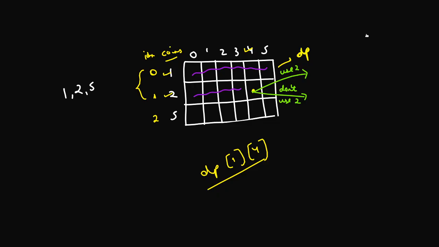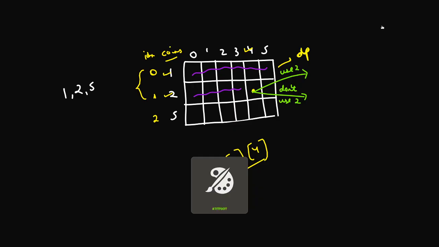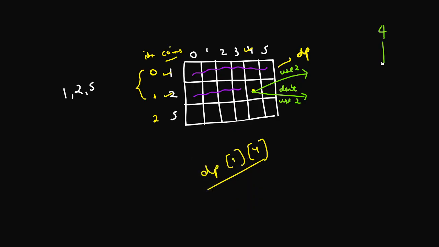I have to make an amount of 4, and if I am using a coin of denomination 2, this simply means that I can still use both of these coins, 1 and 2, and the amount that I'm left with is 2, because I've used a coin of 2.